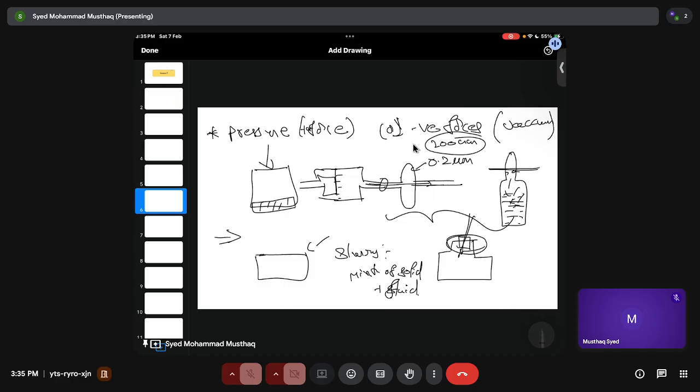It can be liquid or gas. On a metallurgical basis, we only talk about liquids, so let's add liquid. Now this is a slurry. You have your solid, which is nothing but your mineral or ore, and the liquid in which it is suspended.